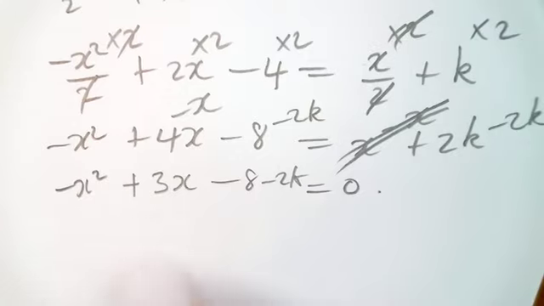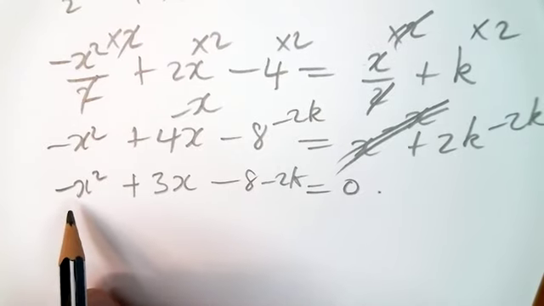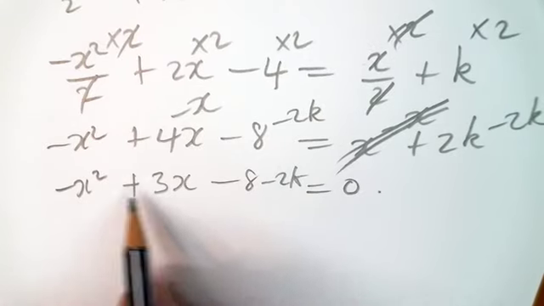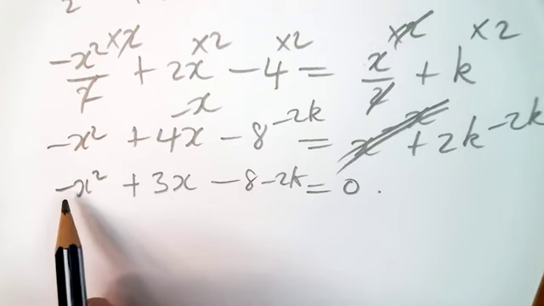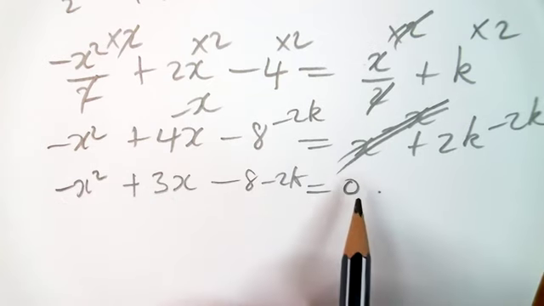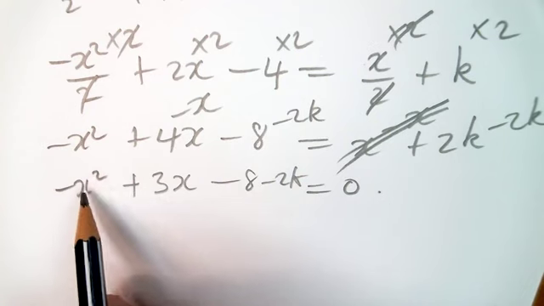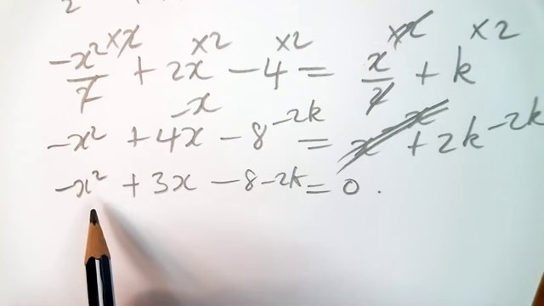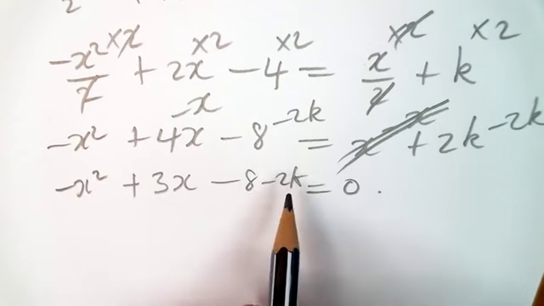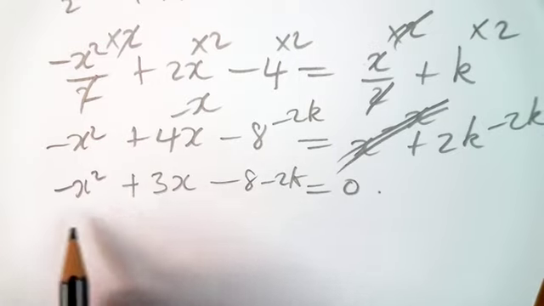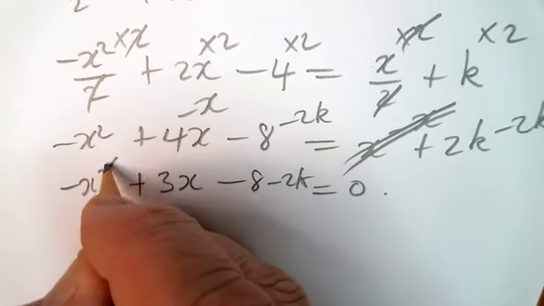Now I notice I've got a negative x squared. I don't really like that, and to be straight up with you, I've got a lot of negatives here. I would actually prefer to multiply everything by negative 1 and just deal with an x squared rather than negative x squared. It does not matter though. So let's multiply everything by negative 1.